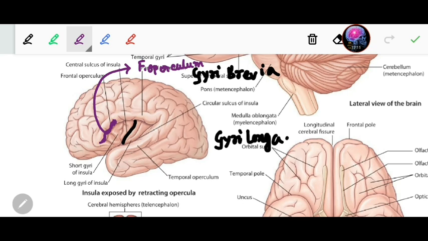This is the frontoparietal operculum. And this is the temporal operculum.